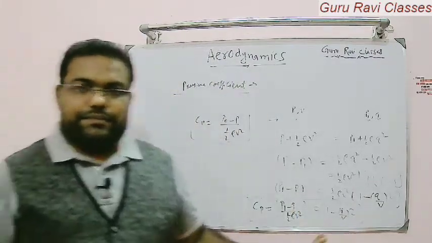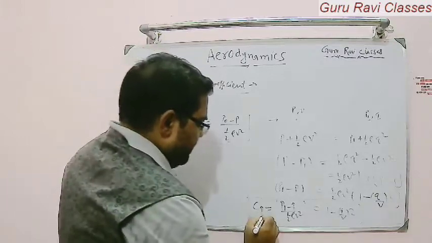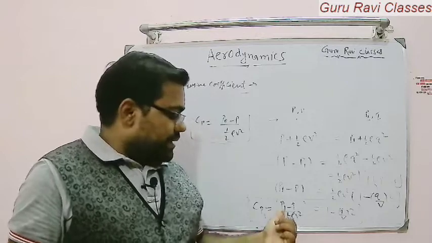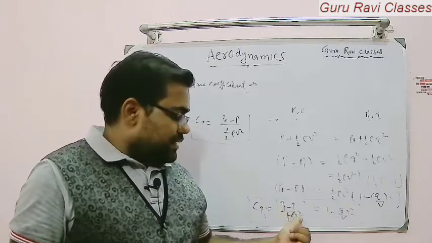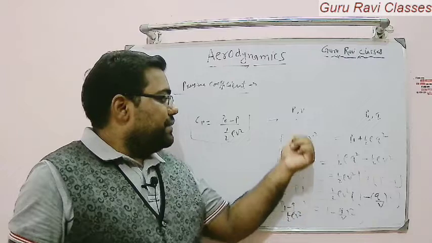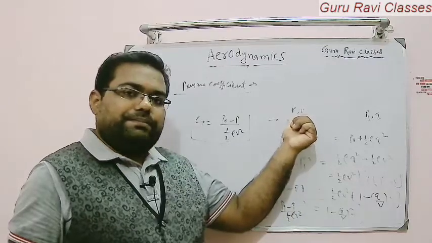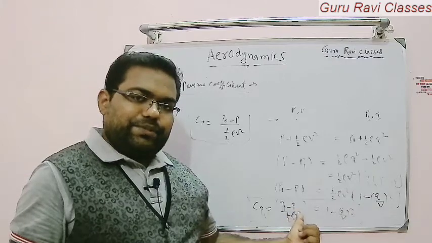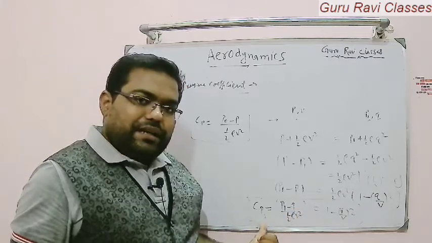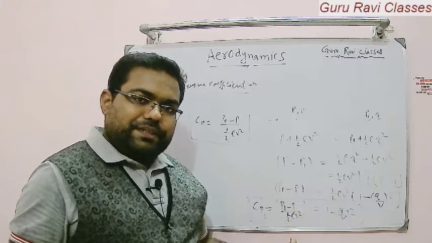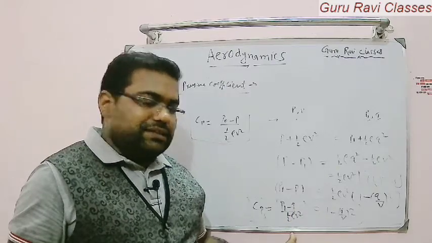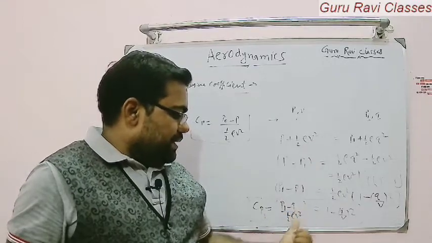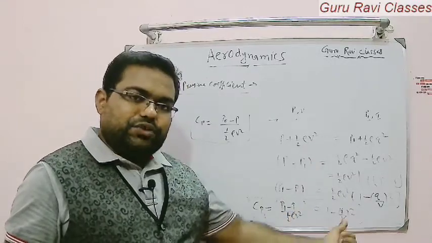So this is nothing but Cp1, because the starting point pressure we are considering is P1, and we are considering it with respect to P, and P is my free stream pressure. So P is my reference, and dynamic pressure will be with respect to the reference velocity, which is my capital V. So Cp1 is equal to P1 minus P divided by half rho V square, that is 1 minus Q by V whole square.